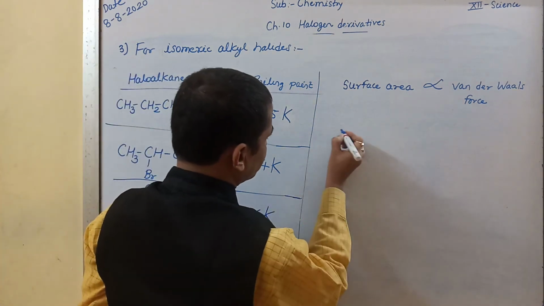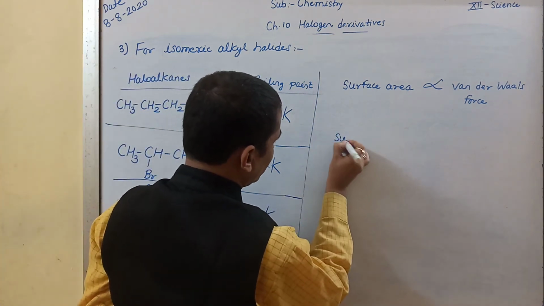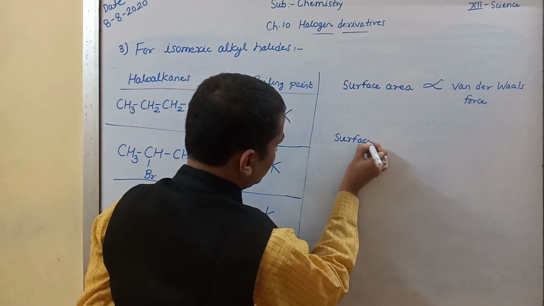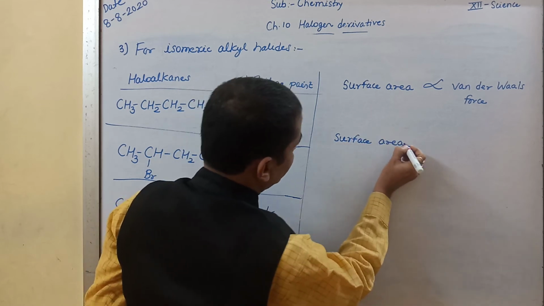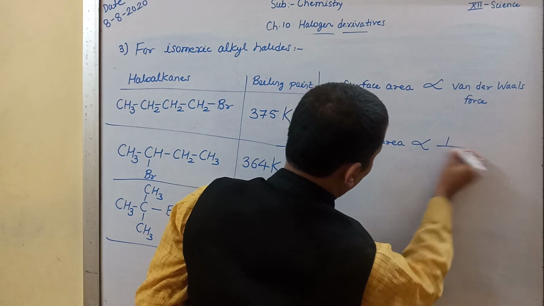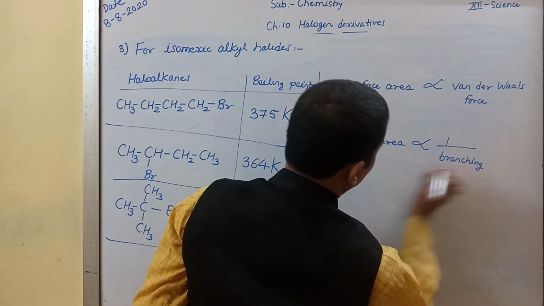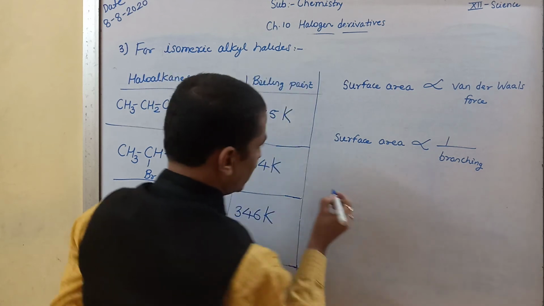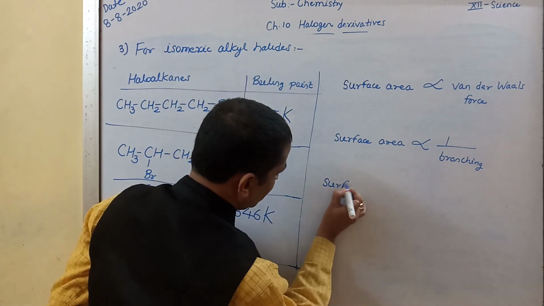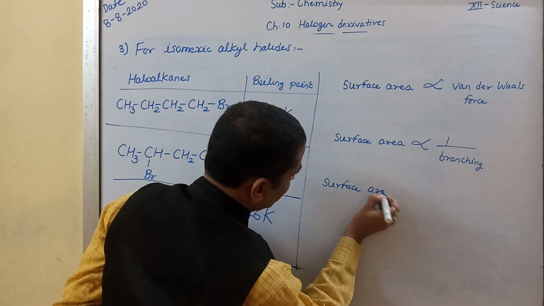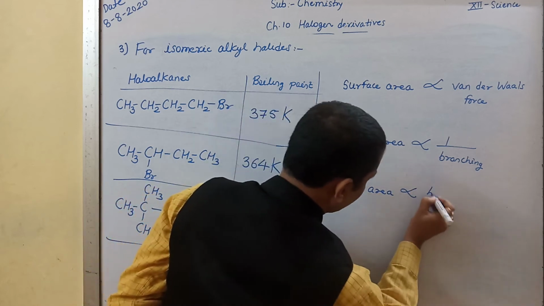Similarly, surface area is inversely proportional to branching. And this surface area is directly proportional to boiling point.